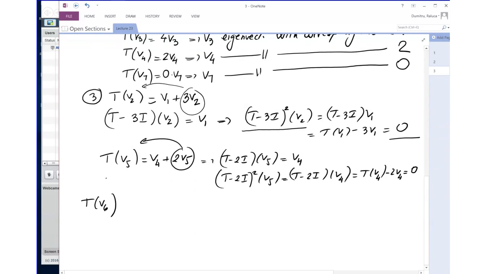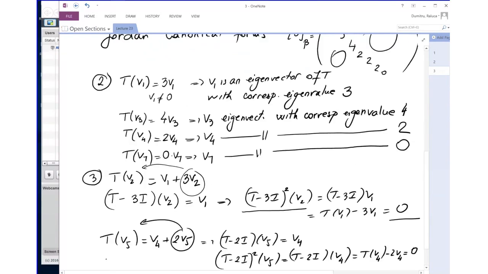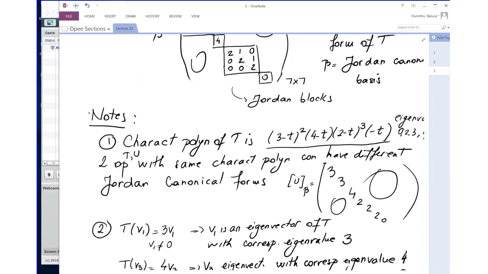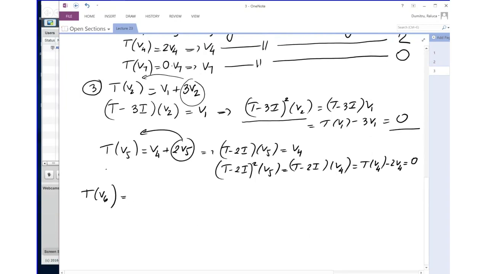But that doesn't have to be the rule, as V6 will show. Where was V6? V6 is this one here, right? T of V6 is V5 plus 2 V6. Again, move 2 V6 to the other side.